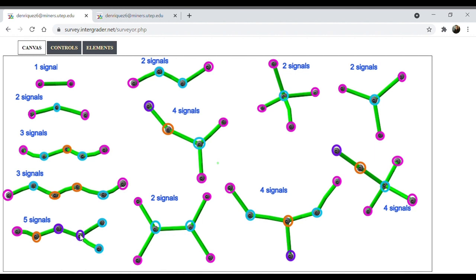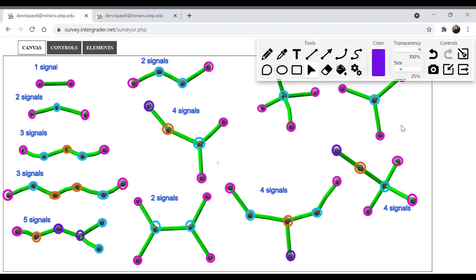Also, I don't know why this one's purple, but this should actually be a different color. So let me actually change it. I'll do a different pink. I'll change this one. So that's actually a different color to make 5 signals. My bad.